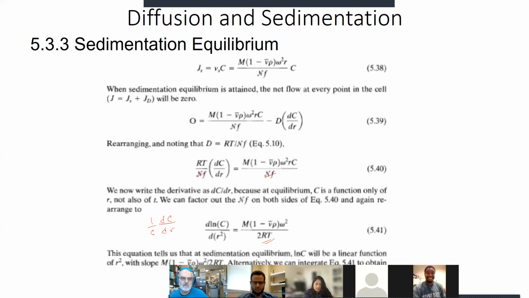dC over C is d ln C, because d ln C is 1 over C dC. So this becomes this. Notice the dr changes and it becomes dr squared. Okay, so dr squared is 2r dr. There's an r right here, so this has to come to the other side as well.